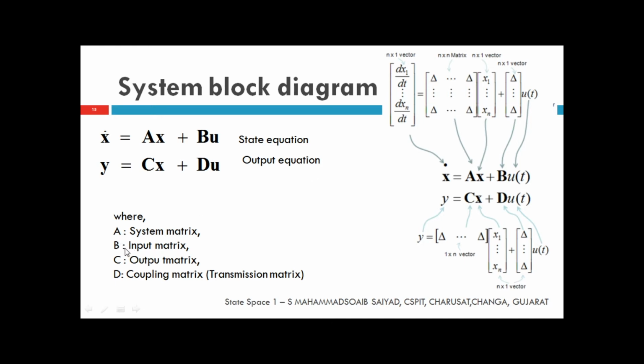A is the system matrix, B is the input matrix, C is your output matrix. Okay, there is a mistake over here: D is the coupling matrix or the transmission matrix. Okay, so we just need to have some basic configuration, because we want to describe our equation either in terms of a state equation or in terms of a diagram.